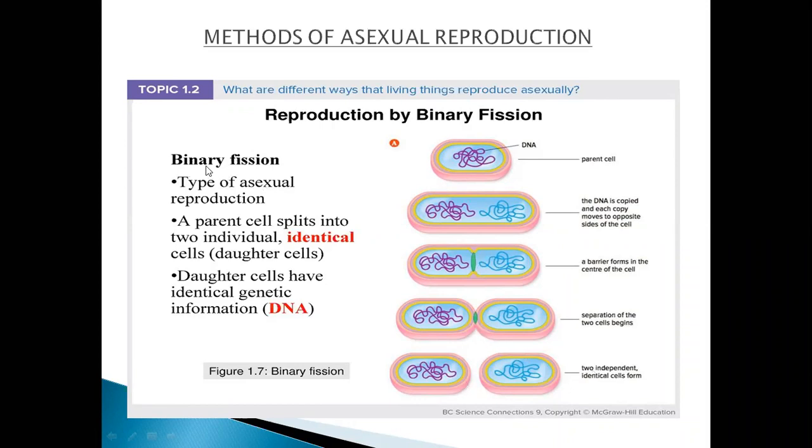So the binary fission definition says the same: a parent cell splits into two daughter cells. The same happened here. How? The DNA was copied, and after that the cell membrane gets invaginated and splits the parent cell into two daughter cells. The daughter cells have identical genetic information, DNA. Yes, it is the same information as was present in their parent cell.